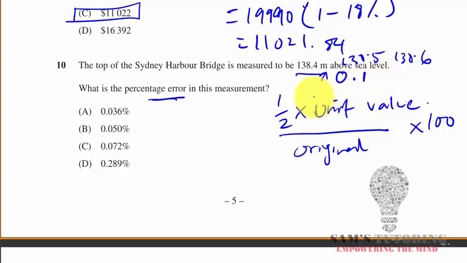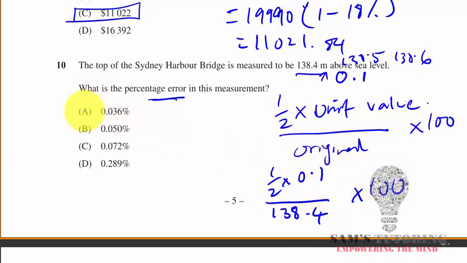So to work out the error of measurement, which would be this top bit, you just do a half times 0.1. And then you divide that answer by the original number, 138.4, and you times it by 100. The answer is 0.036.